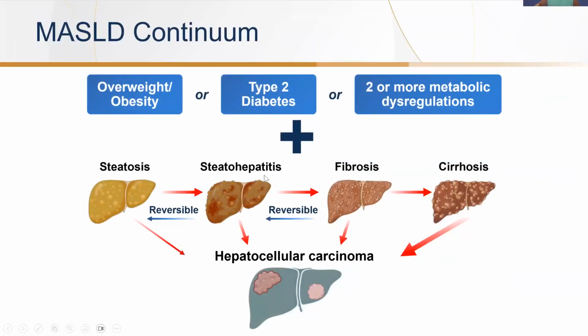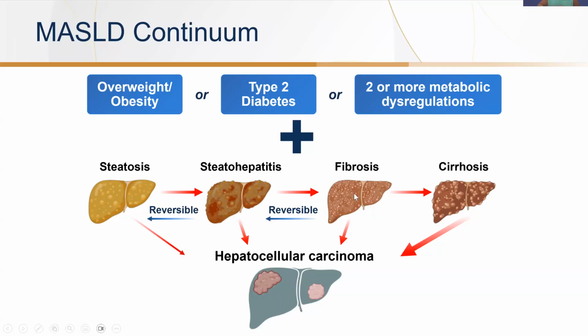We now know that people who have metabolic associated fatty liver disease are the highest risk category of patients to advance to fibrosis. If a patient is overweight, has type 2 diabetes, or has any of the metabolic dysregulations that we just mentioned, that patient is at an increased risk of going from steatosis to steatohepatitis to then fibrosis, which we now know are all reversible.